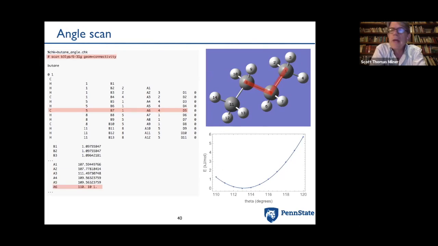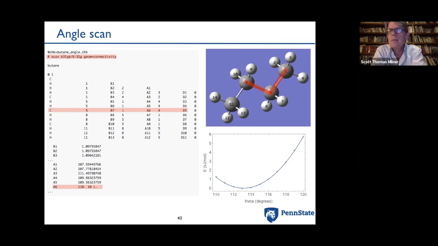Similar sort of thing with an angle scan, and I should remark that there's a sort of a hierarchy of energies in distorting a molecule. Bonds are really, really stiff. Angles are pretty stiff. Dihedrals are soft and floppy for single bonds, not for double bonds. Obviously, it's very hard to rotate around a double bond. So the angle scan is a similar thing. I'm now going to vary that red marked angle a little bit around its roughly tetrahedral value.